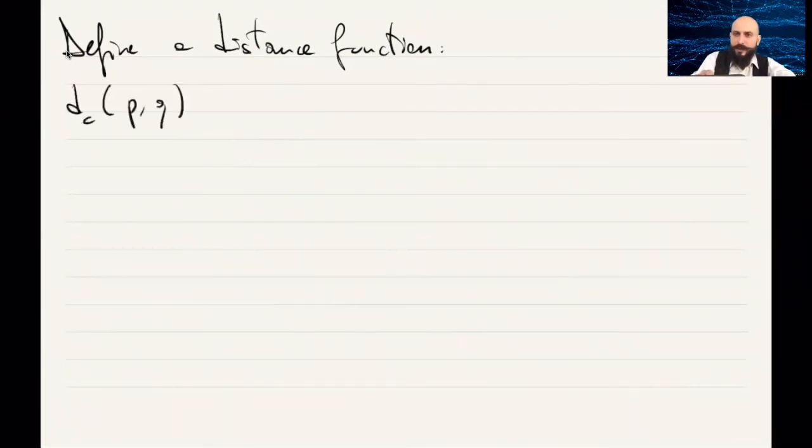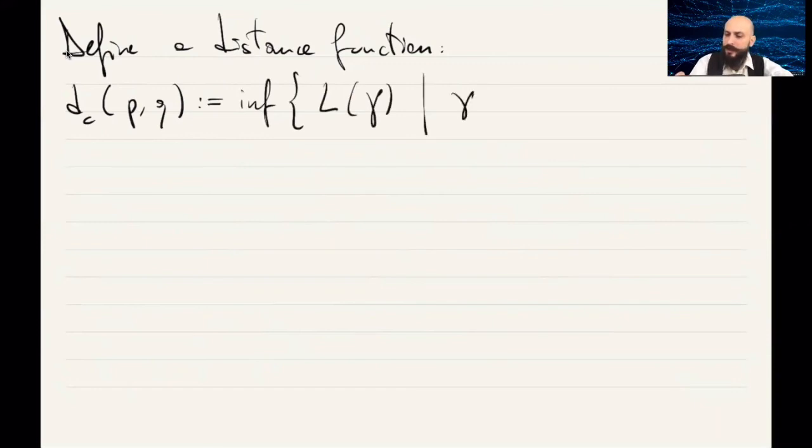The distance between P and Q is defined as the infimum of all those lengths of curves that are Legendrian and go between P and Q.